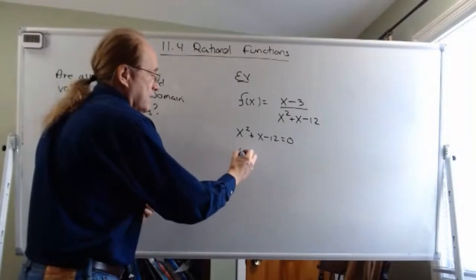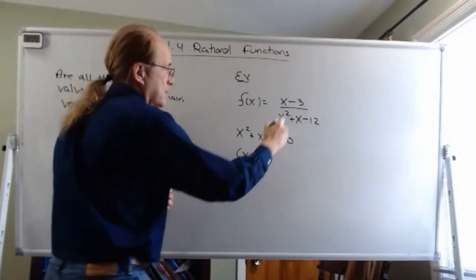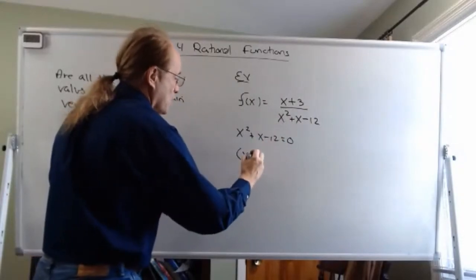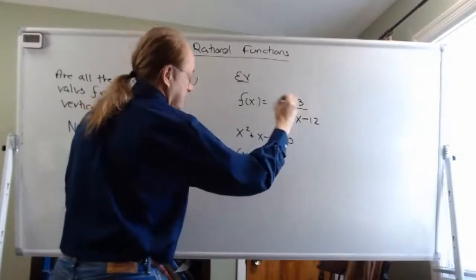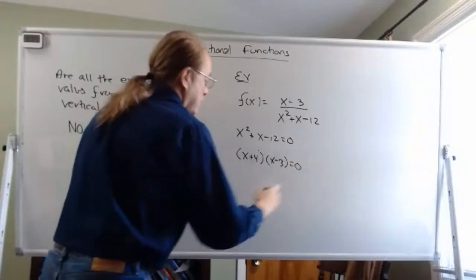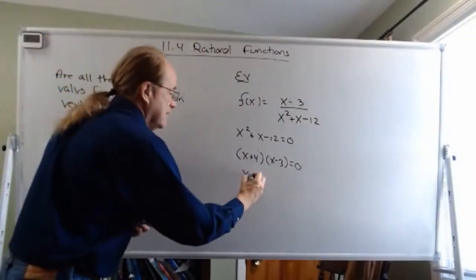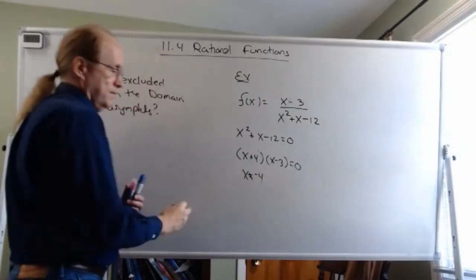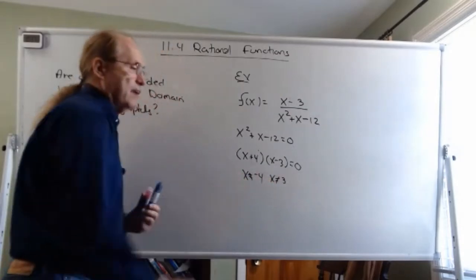I can actually factor this: x plus 4 and x minus 3. So what values must I exclude from this? Well, x cannot equal negative 4, and x cannot equal positive 3. They have to be excluded.